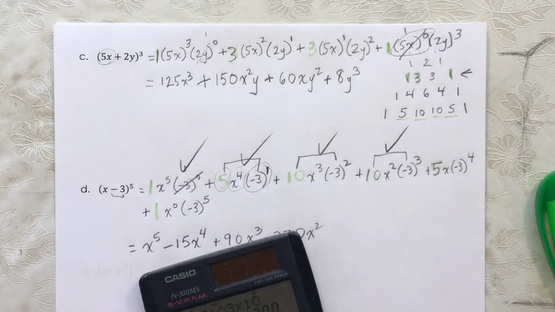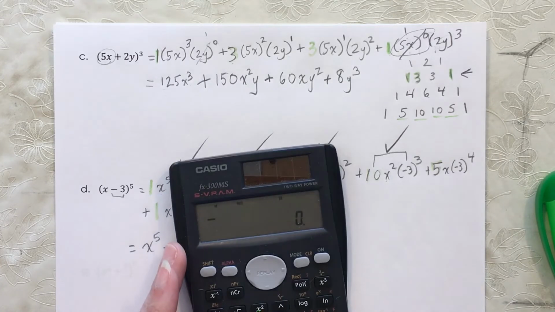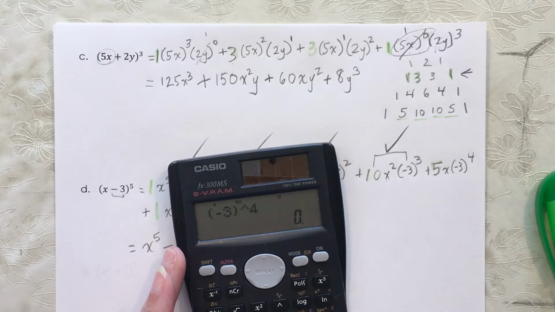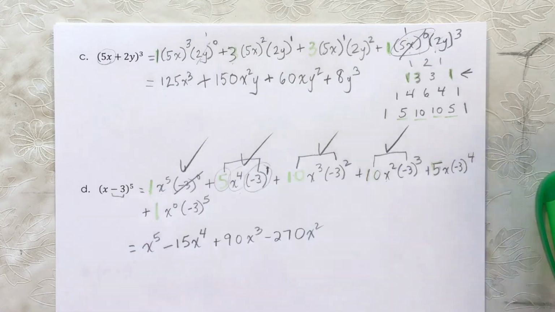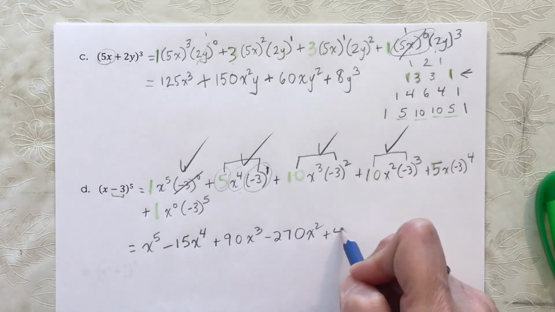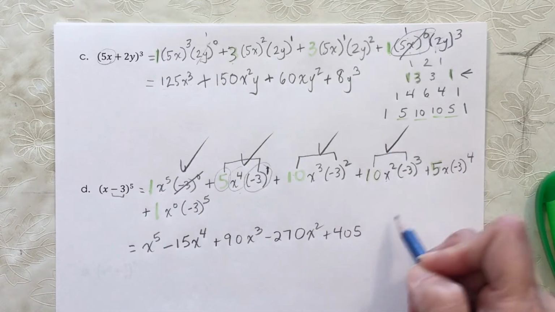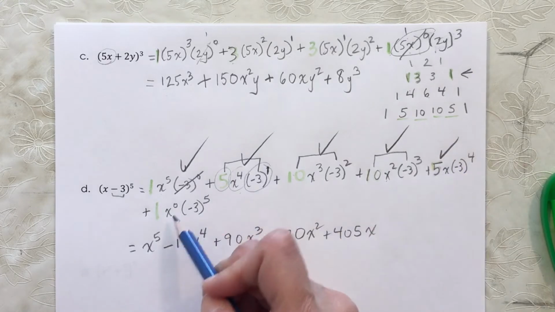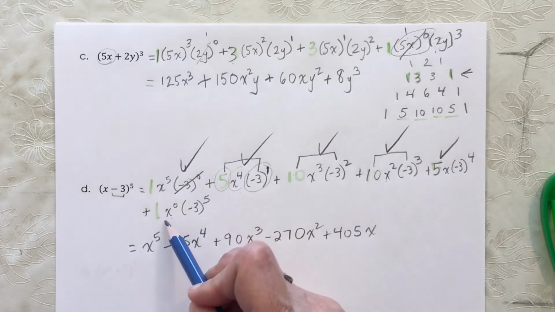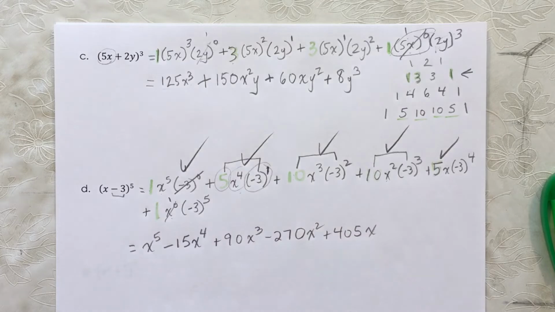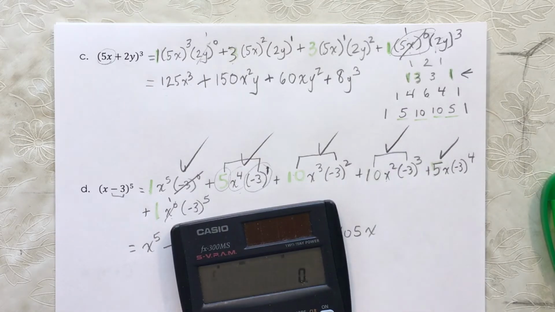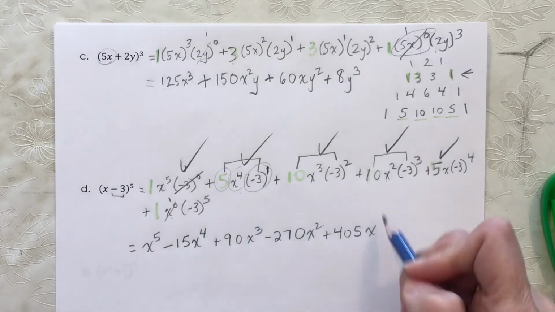Here I've got -3, so I'm going to use brackets again. -3 to the power of 4 is positive 81 times 5 is positive 405 x. And then the last one, 1 x to the 0 is also 1 times -3 to the 5th. -3 to the power of 5 is -243.